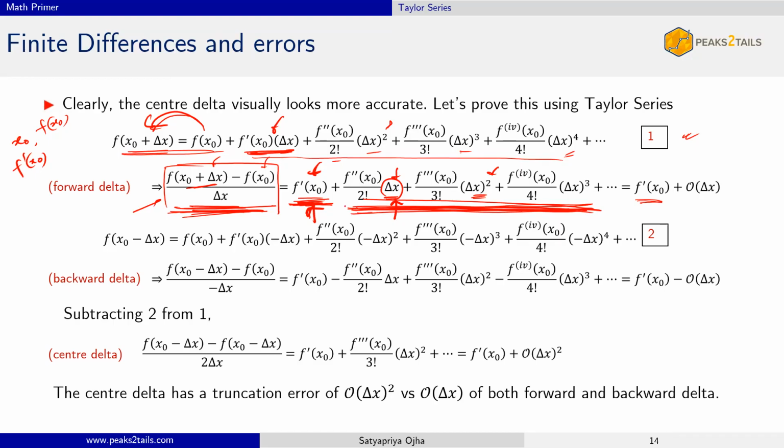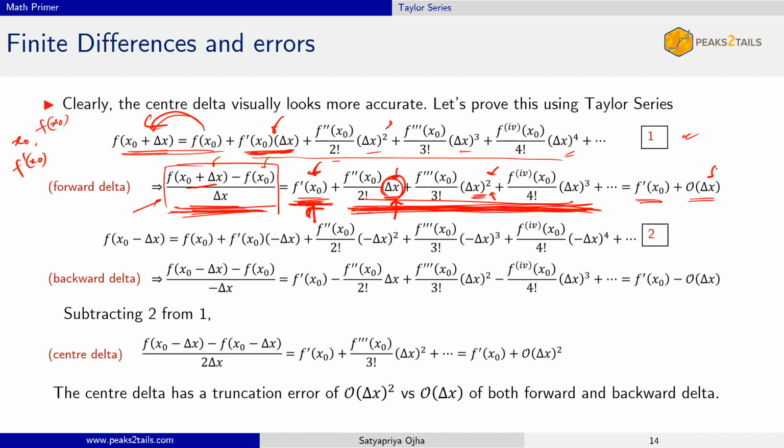Now, in this left-out error term, delta x is the biggest term. Delta x square will be much smaller, because imagine delta x is a fraction, a very, very small number. If you square a fraction, or cube it, those will become smaller. So we say that this entire error term is of the order delta x.